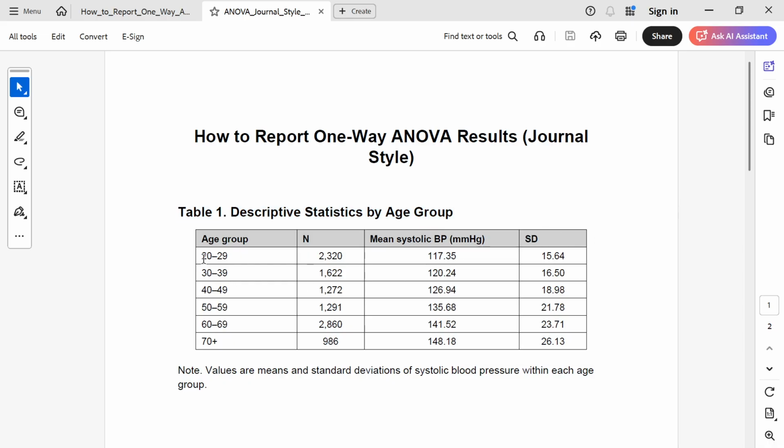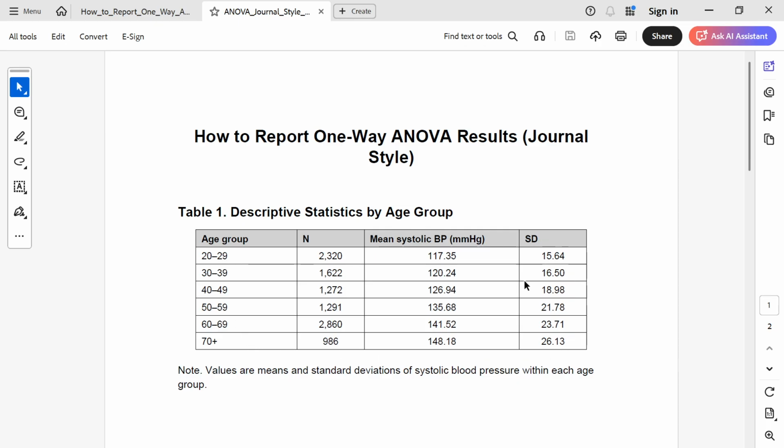For each age group, we have 6 categories, and n is the number of observations. Look at how many observations they have for each age group category. Then this is the mean or average systolic blood pressure for each age group, and then this is the standard deviation.